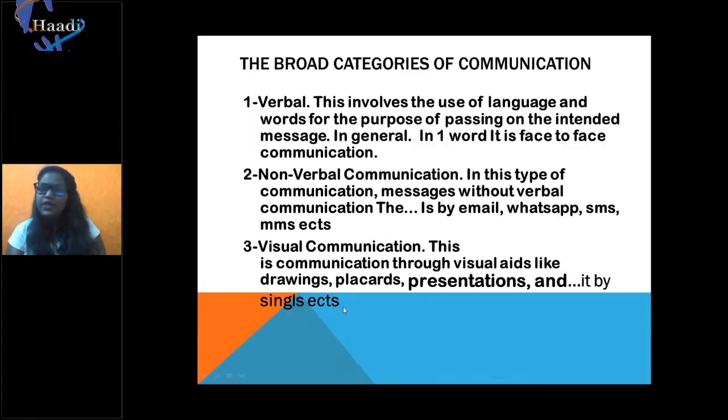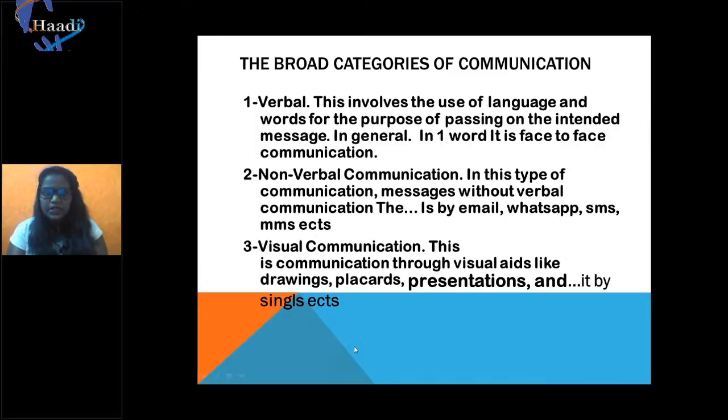Now we are going to see three different types of communication. The first one is verbal, the second is non-verbal, and the third is visual communication. Verbal communication involves using languages and words for the purpose of passing on messages.